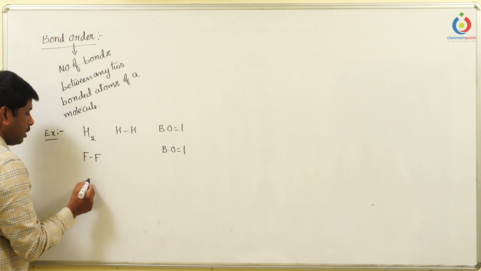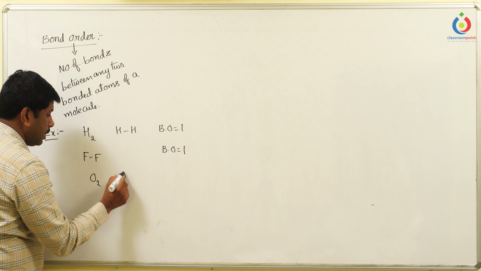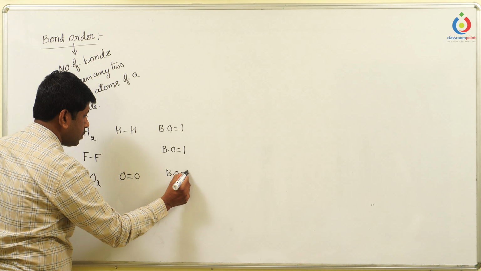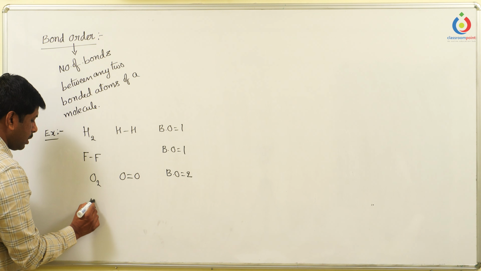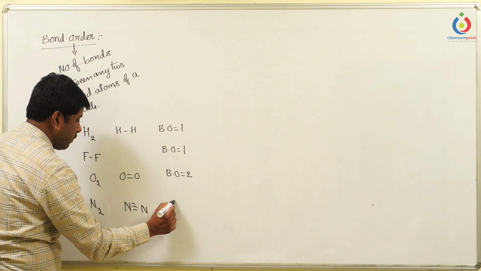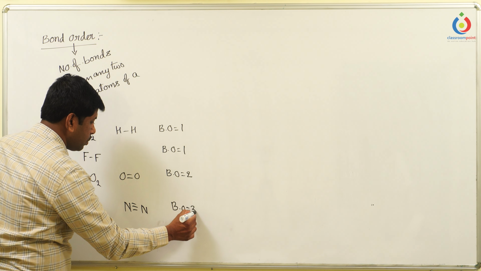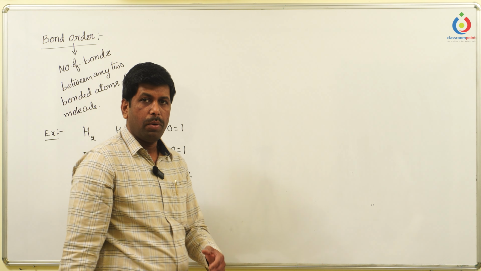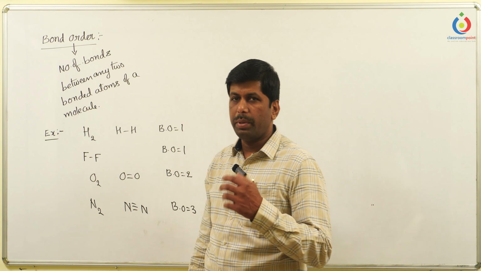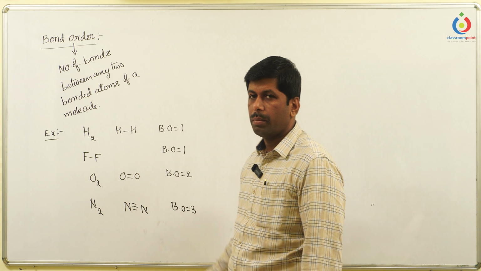In the oxygen molecule, there is a double bond between the two oxygen atoms, so bond order is equal to 2. And in the nitrogen molecule, there is a triple bond between the two nitrogen atoms, so bond order is equal to 3. So when the number of bonds between the two atoms increases, bond order also increases. Why? Because bond order basically defines the number of bonds only.